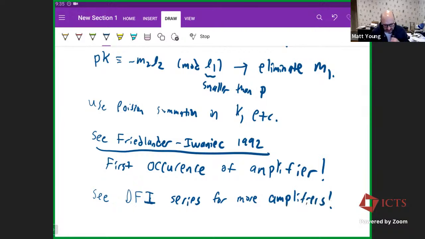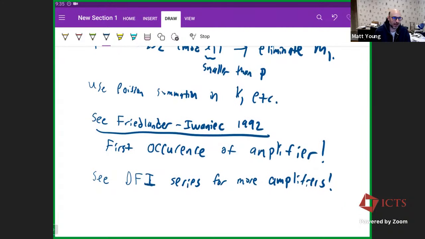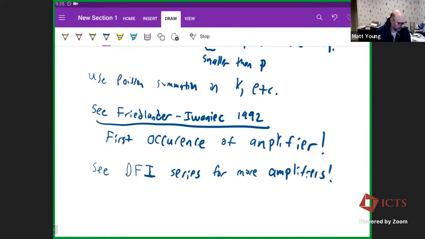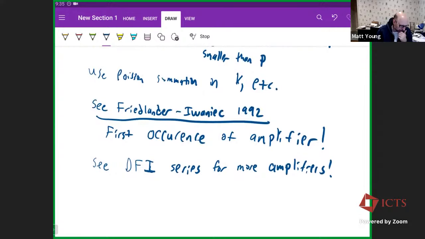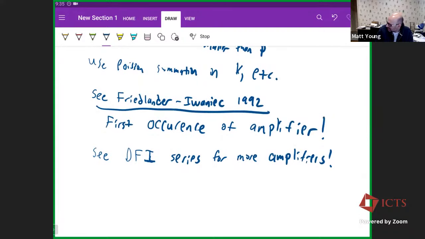But this is the first case, and Friedlander and Iwaniec looked at this amplified second moment of Dirichlet L functions. Their problem makes it a little difficult to get at the main idea, because for the second moment, basically you need a long amplifier.